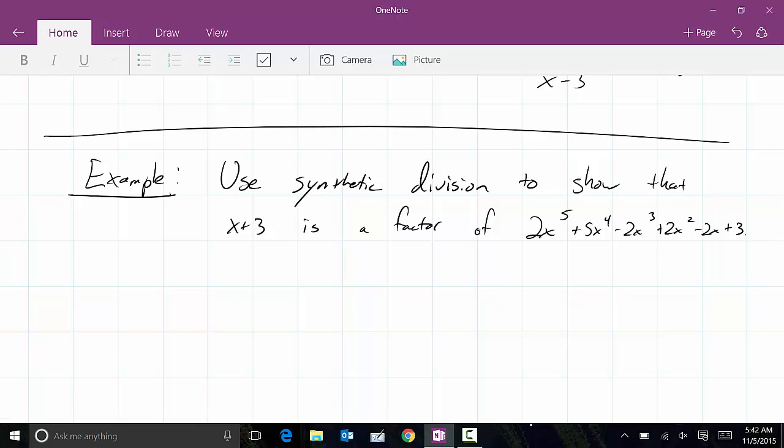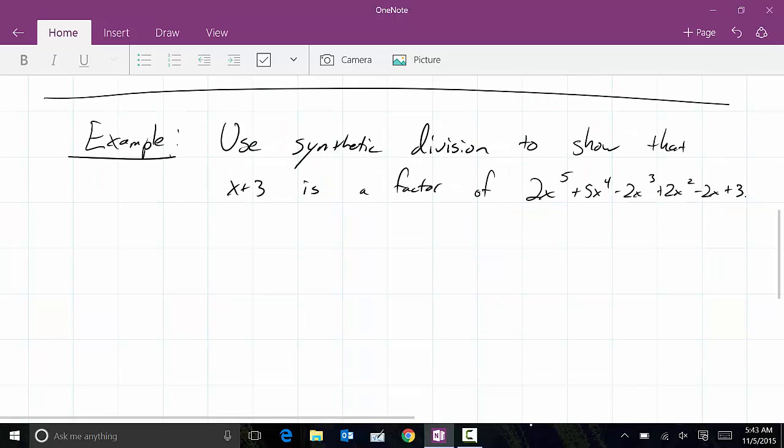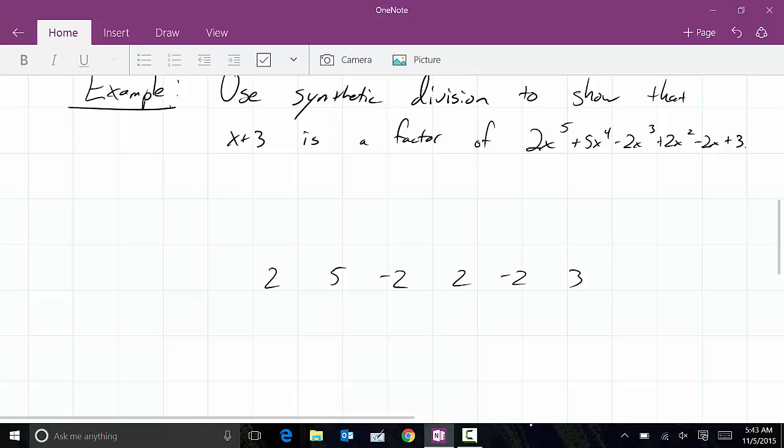Alright, so let's do that. The first thing that we're going to do is write all these coefficients. So we have 2 for x to the power 5, 5 for x to the power 4, negative 2, then 2, then negative 2, and then 3.